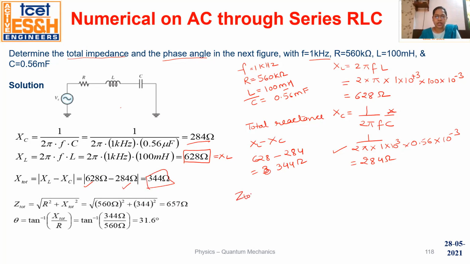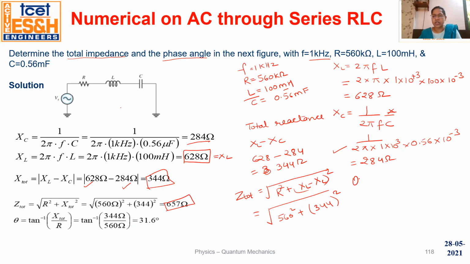Now Z total. Z total is equal to, we know the formula, square root of R square plus XL minus XC square. So R is already given, that is 560 square plus XL minus XC, we have 344 square. So what we will get here is Z total.